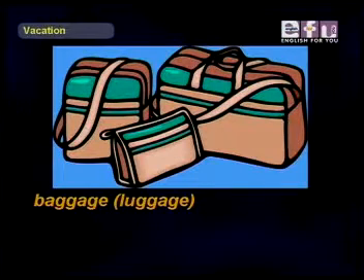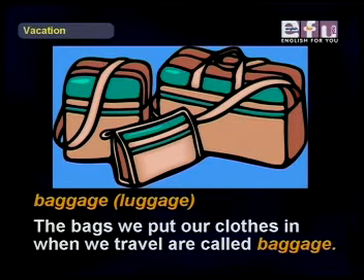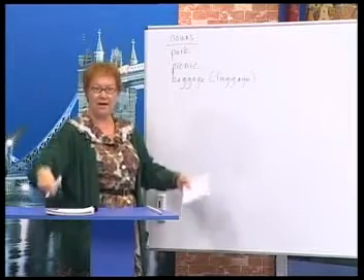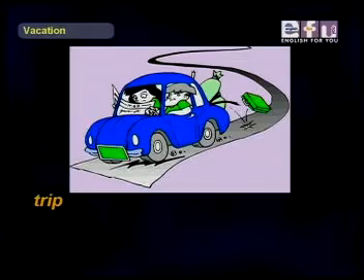The next one is baggage or luggage. The bags we put our clothes in when we travel is called luggage or baggage. Okay, our bags. Trip is the next one.